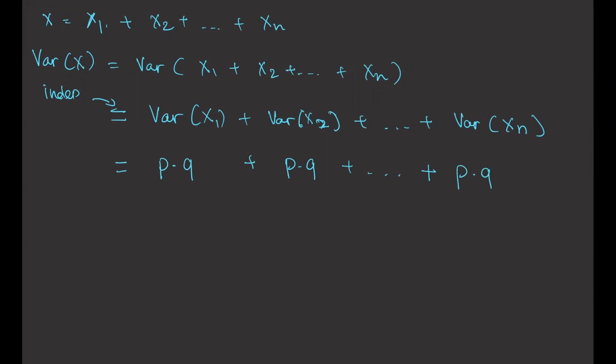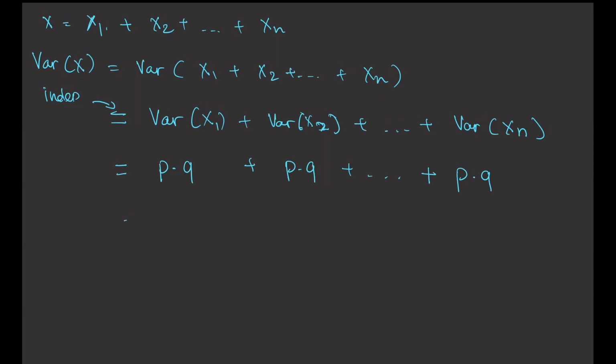So we have PQ plus PQ plus PQ, how many times? We have n random variables. So we have PQ plus PQ plus PQ n times. So we just derived that variance of a binomial random variable is equal to NPQ.